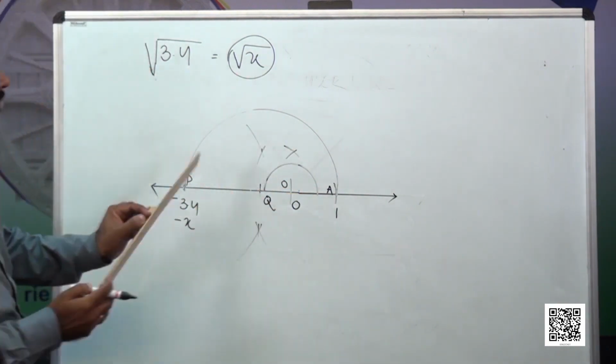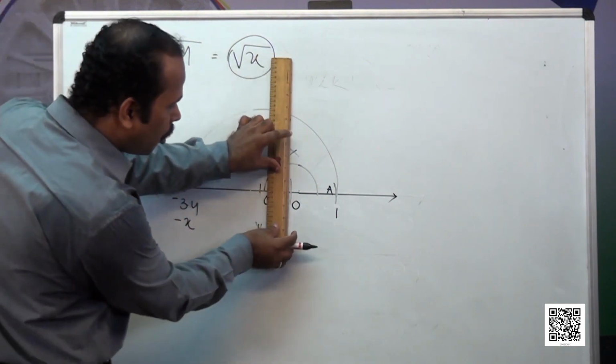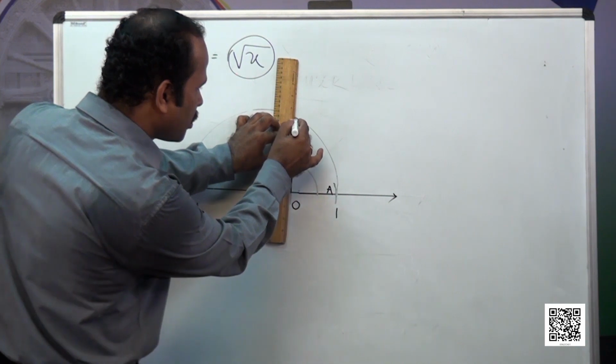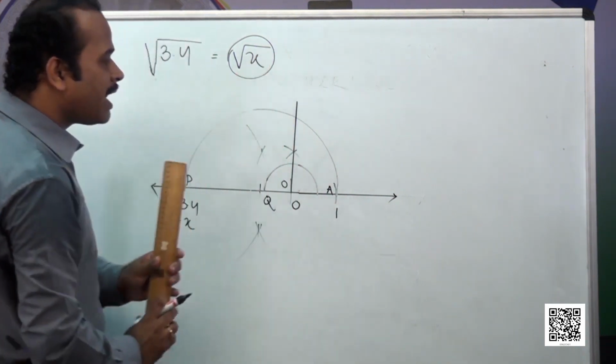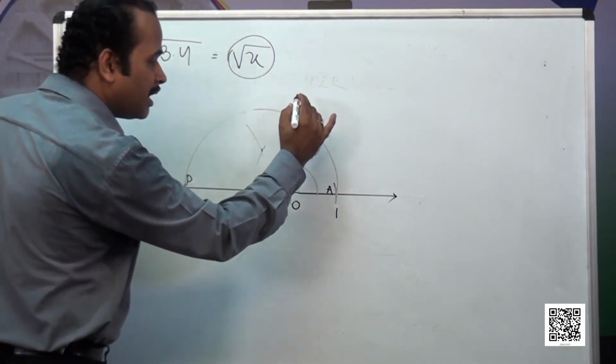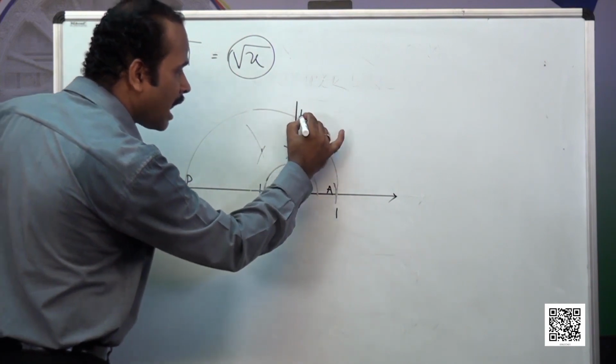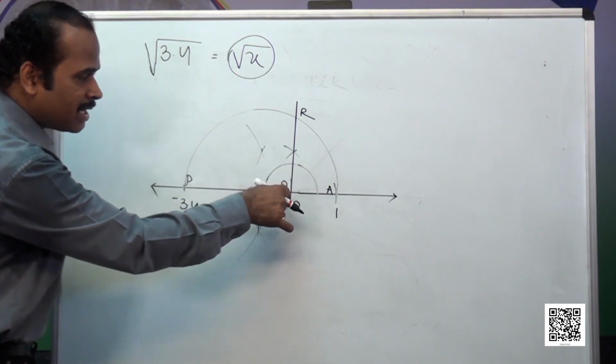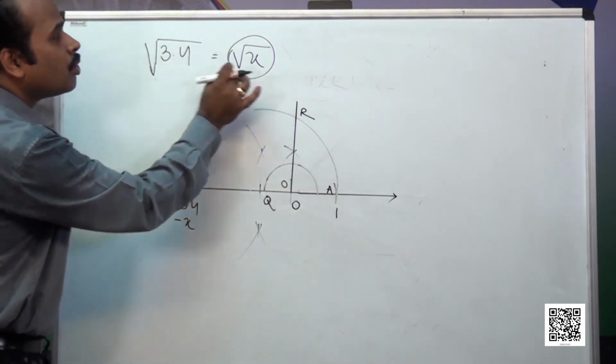Then let me join O to this perpendicular and produce it. The point where it cuts the semicircle, let me name as R. Now OR is the distance which represents root x.